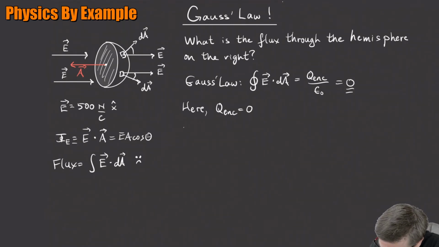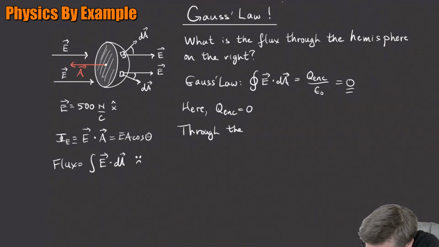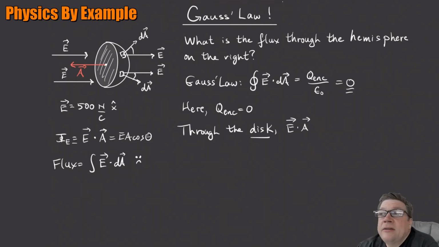So the flux through the disk, E dot A, is going to be, let's see, I gave it a strength of 500. Look at the dot product. That's EA cosine theta.